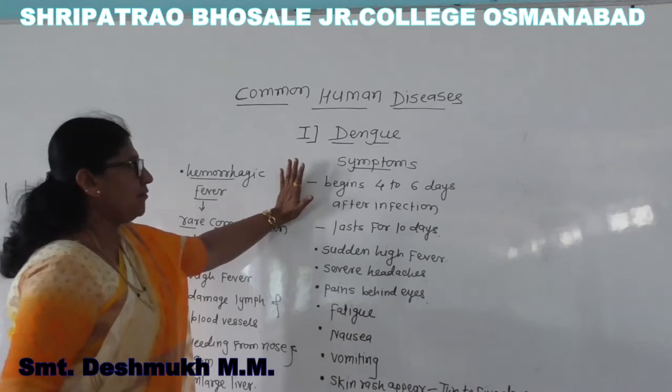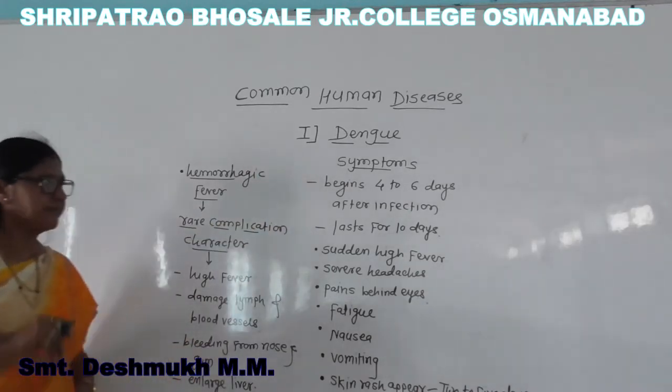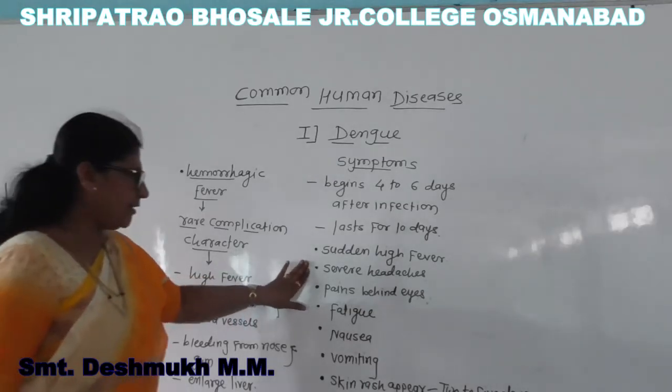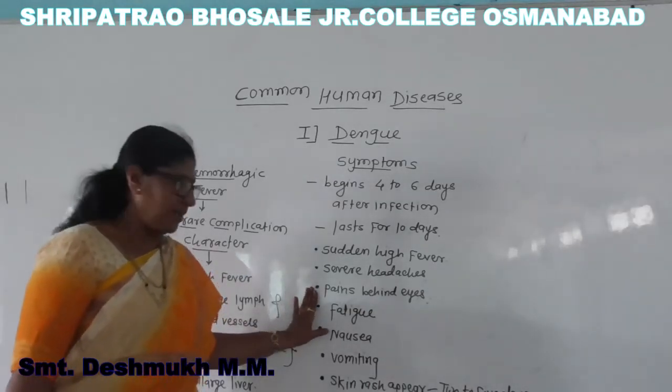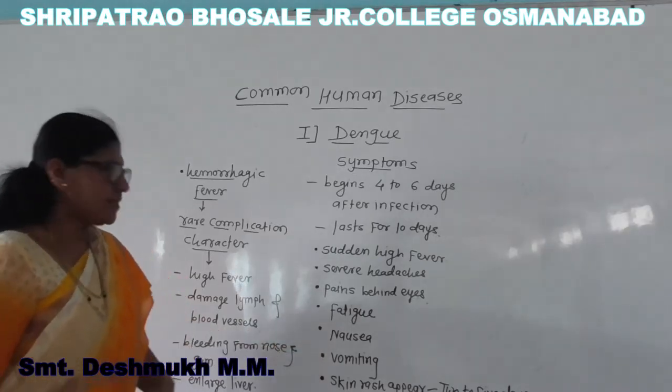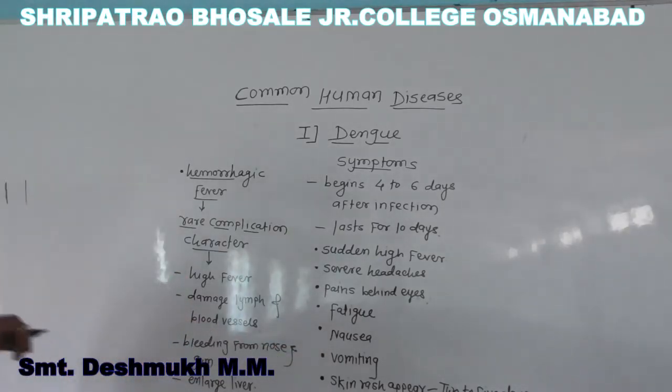The symptoms of dengue are sudden high fever, severe headache, pains behind eyes, fatigue, nausea, vomiting, skin rash appearing in 2 to 5 days, and mild bleeding.